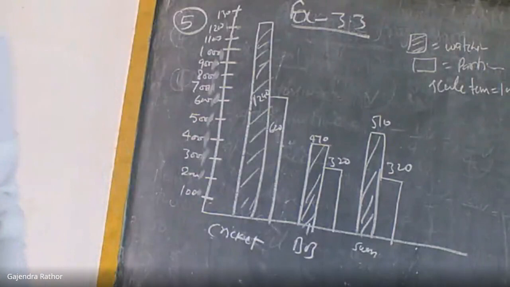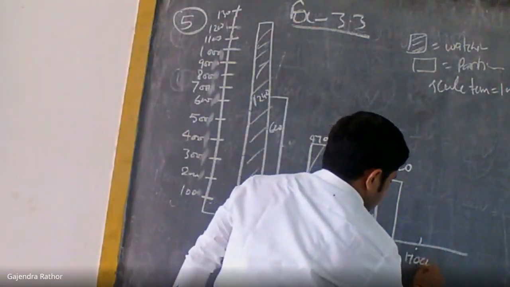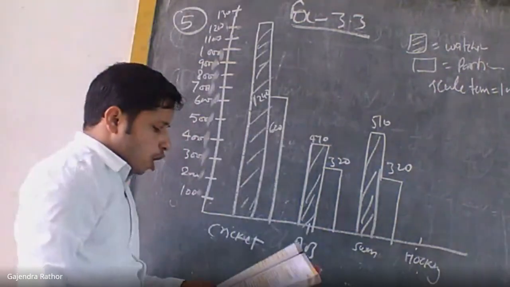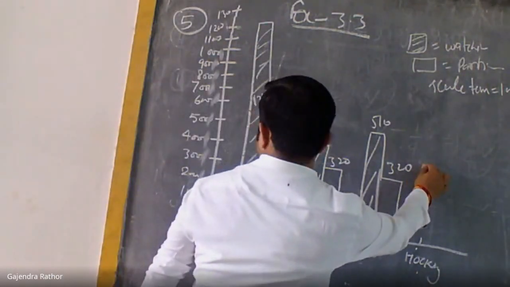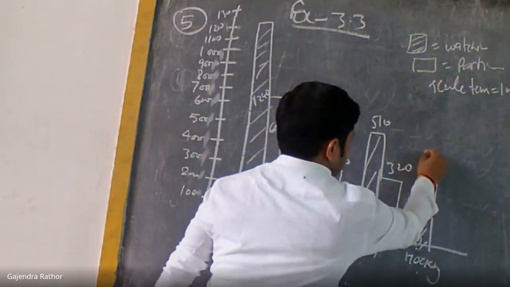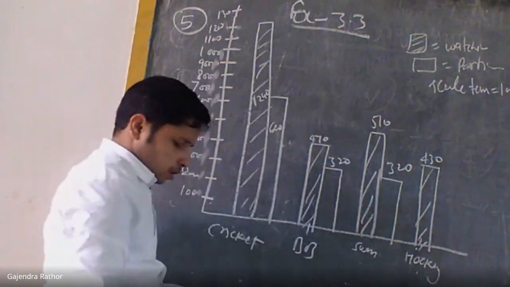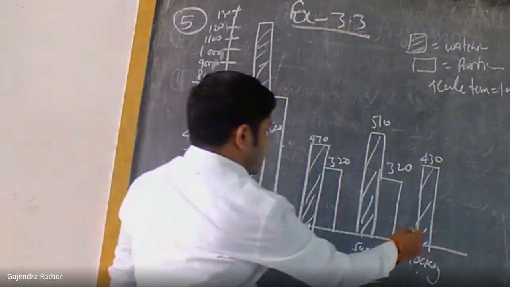What's the next game? Hockey. The number of watching is 430. And the number of participating is 250, between 200 and 300.